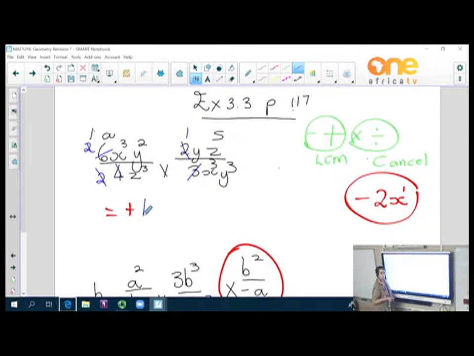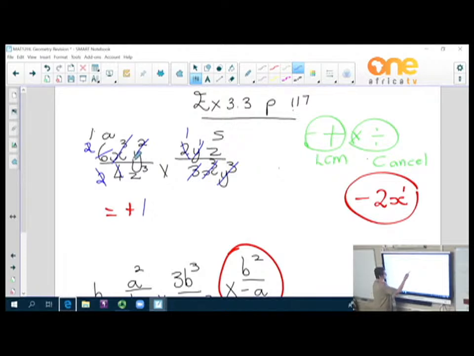What is the rule for indices? If you multiply, you add. If you divide, you subtract. So this is then x^3, divide by that one. 3 minus 3 is 0, and anything to the power of 0 is 1, so that one eliminates. Then y^2 plus this one is y^3, and there is also a y^3 at the bottom, so that will cancel out.